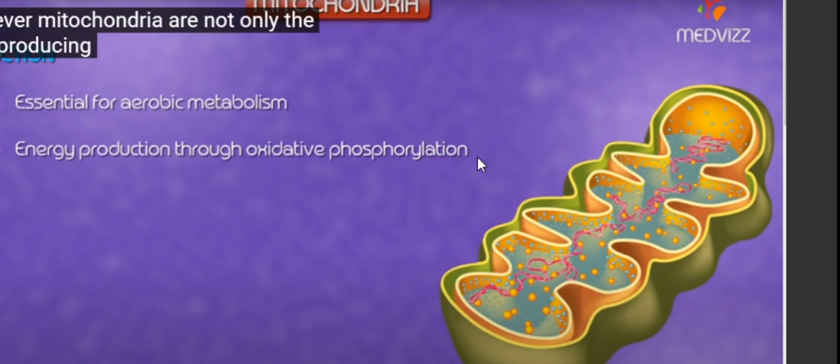During aerobic respiration, oxygen is utilized to convert carbohydrate into their respective products along with energy. This aerobic respiration contains different phases. Out of these, oxidative phosphorylation is one phase that occurs here, that means in the mitochondria.